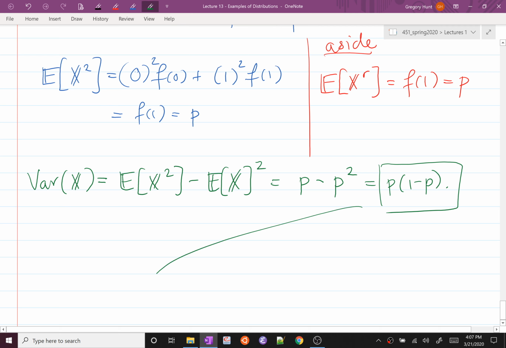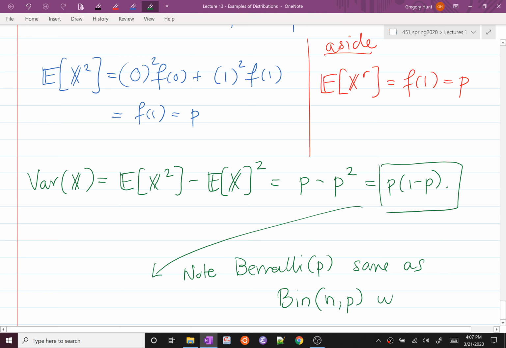So note, Bernoulli p is the same as a binomial distribution, n, p, where n is equal to 1, right? In binomial experiments, I do n experiments and I look at the sum of the successes.